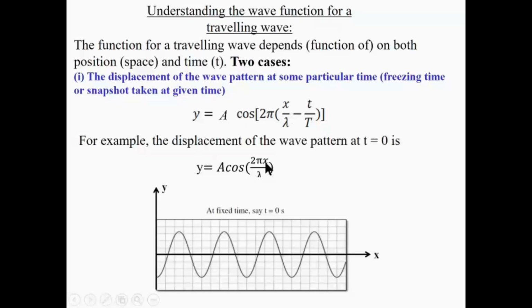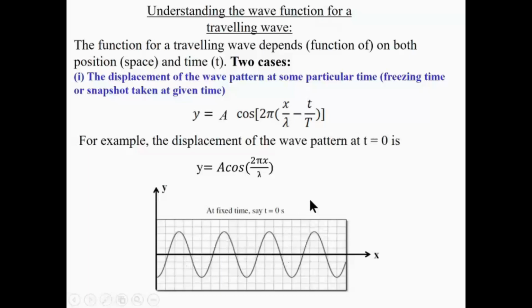Now if you take a snapshot of the pattern at t equals 0 seconds, you just make t equal to 0 in this equation, and you get this wave function, which is just y versus x. Remember, this axis is important. This is y versus x at a given time. So just take the snapshot at t equals 0. So it's a wave pattern.